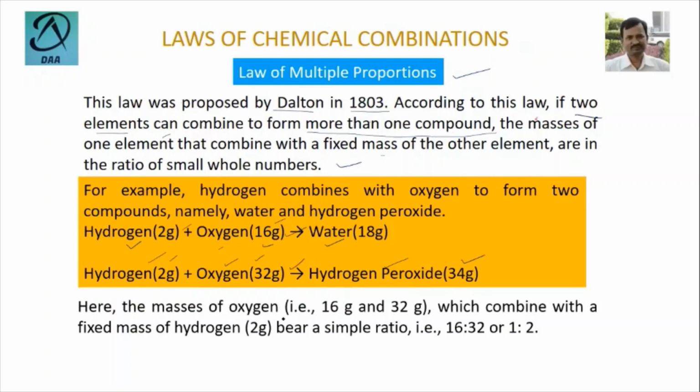So the ratio of these amounts of oxygen with a fixed amount of hydrogen gas is 16 to 32, or 1 to 2. That means ratio 1 and 2. So this is a simple ratio of whole numbers.